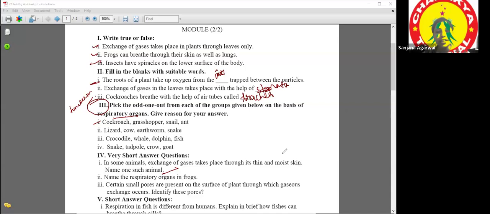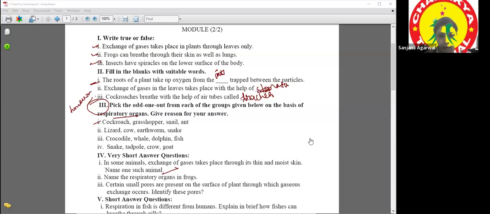You cannot say that you haven't revised. Second answer, I'm waiting for you. Only three I've received. Frogs respirate through skin as well as through lungs.